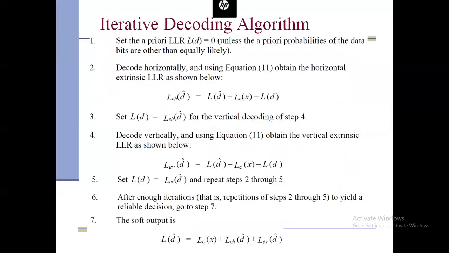In fact, this extrinsic value is horizontally calculated from the same equation we have learned previously.